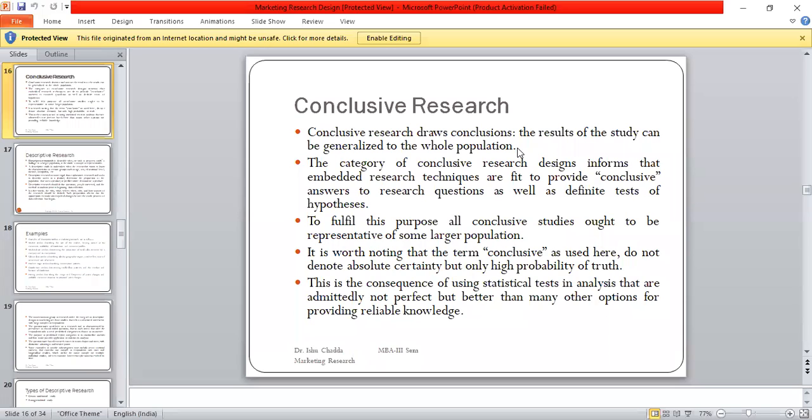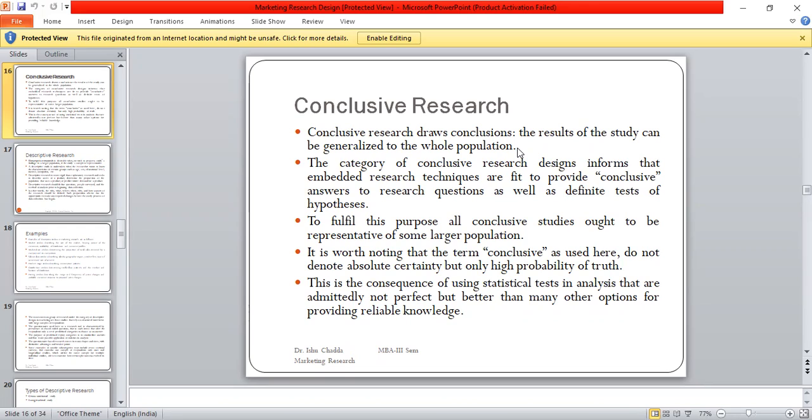To fulfill this purpose, all conclusive studies ought to be representative of some large population. I want to study customer perception toward my product. For that purpose, it is not necessary for me to go for the whole India level; I can target only the customers of Amritsar and fulfill my research objective.